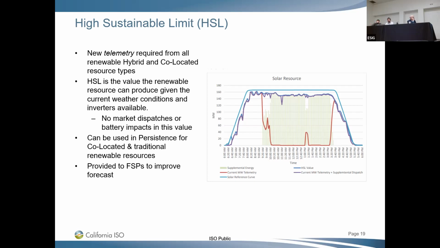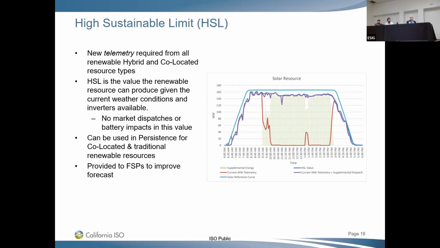So right now, if persistence is based off of the telemetry actual that happened the previous time period, whether it be 5 minutes ago, if that was dispatched for the market and the telemetry actual went down for the market, at the time we have to switch to the external forecast service provider intentionally, because it's critical that we keep the full fuel forecast out there for the solar resource.